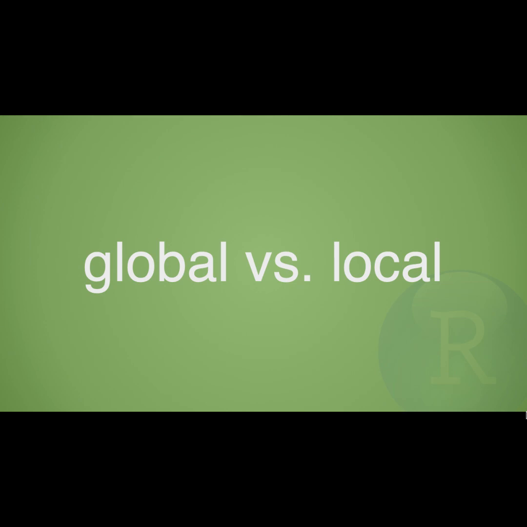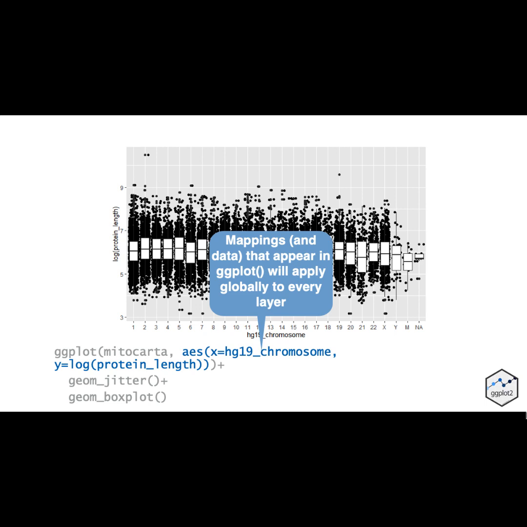So let's move on to global versus local. There are multiple places in your code for plotting that you can map variables. You can map them globally or locally. So if you map them globally, what that means is that you're telling ggplot what you want in that very first line of code.